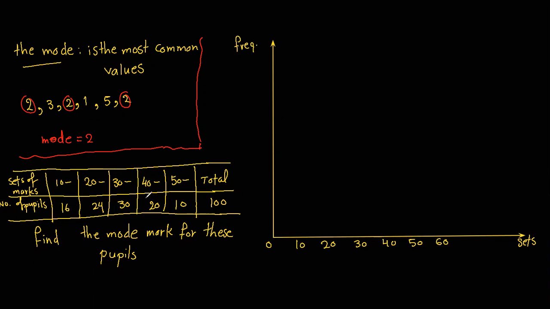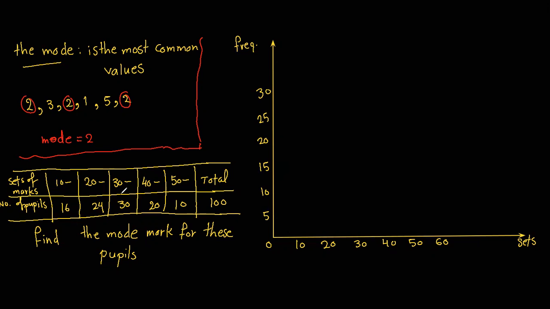And the greatest value will be 30, so we'll make the scale 5, 0, 5 to adjust our scale, 25, then 30. So we will plot these points like this.